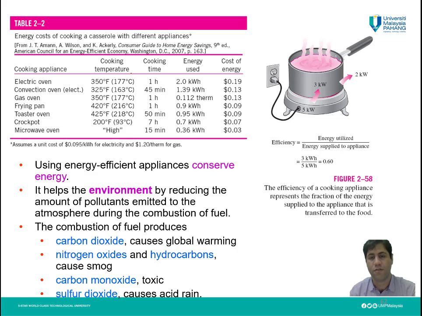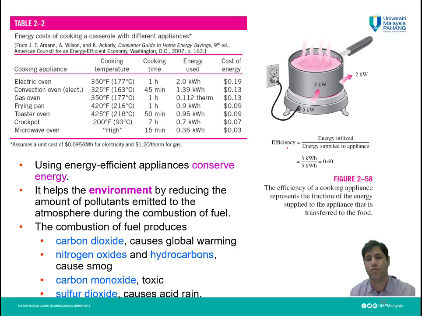And for other equipment or appliances you may use in the house, we can manage the energy consumption of the house. It is better to use energy efficient appliances which conserve energy.